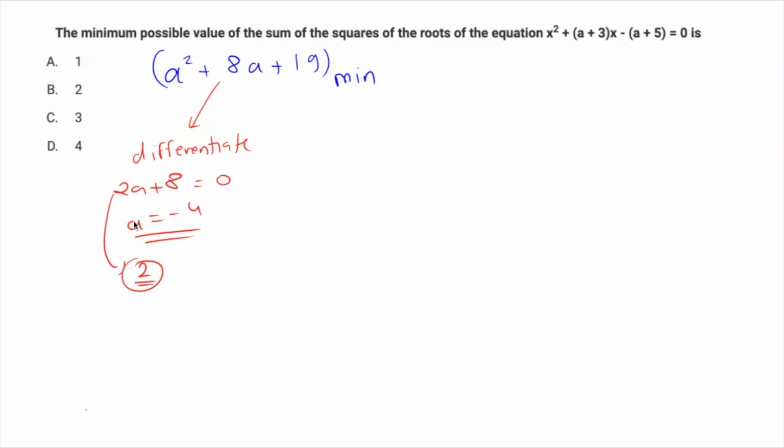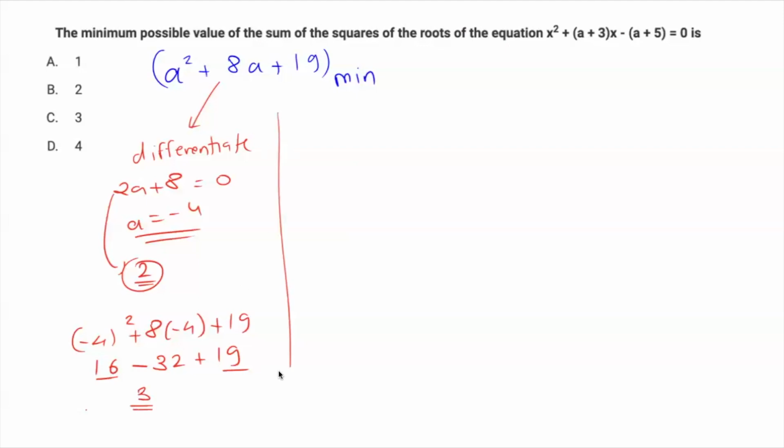And that is obtained when you substitute a as minus 4 in the given equation. So minus 4 square plus 8 into minus 4 plus 19. Minus 4 square is 16. 8 into minus 4 is minus 32 plus 19. 16 and 19 is 35 minus 32 is 3. This is one way of solving.